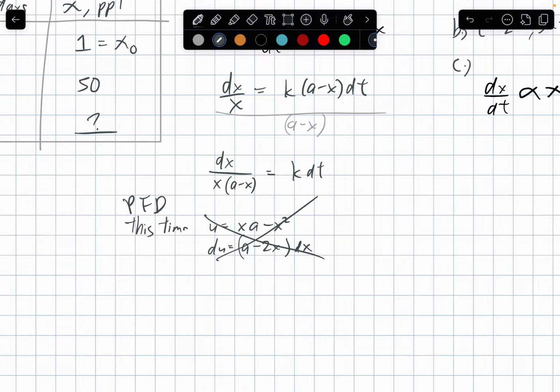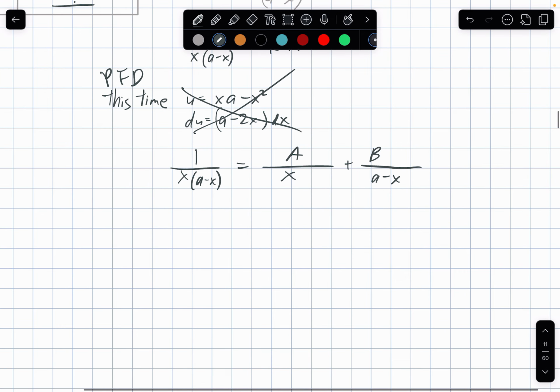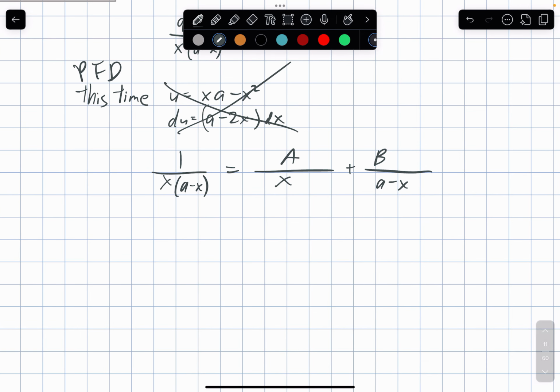So how do we solve using PFD? Let's rewrite this fraction. So 1 over x times quantity a minus x is equal to A over x plus B over a minus x. Multiply all sides by x quantity a minus x. You get 1 equal to A times a minus x plus B times x.